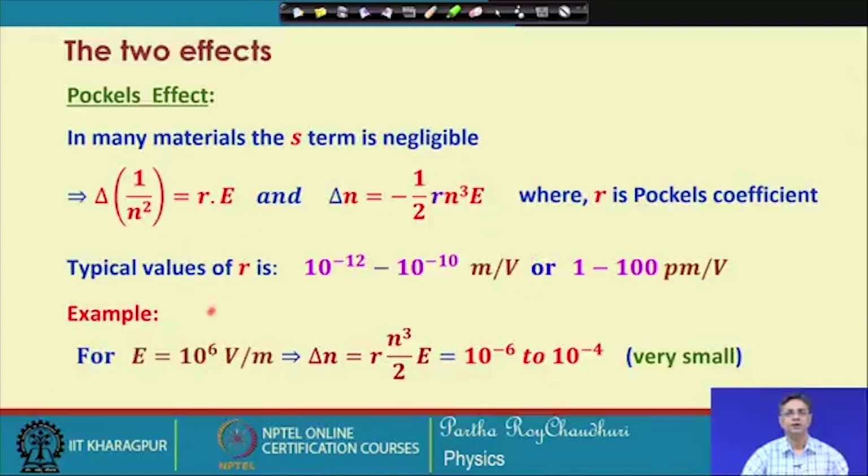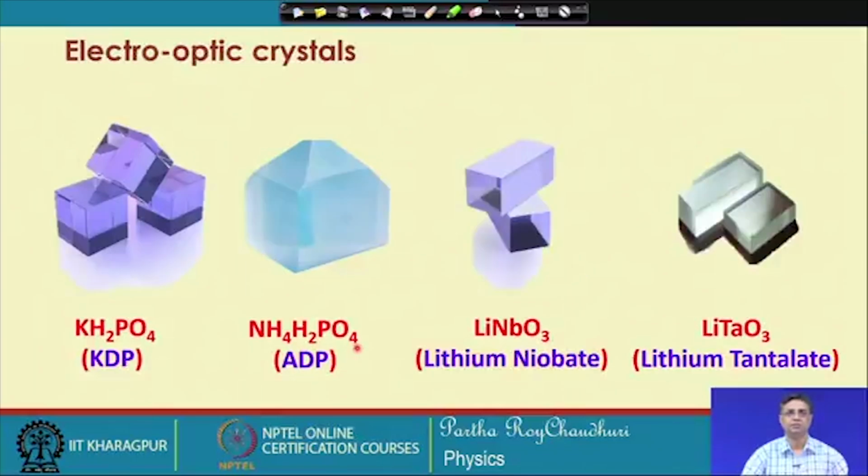For example, for an electric field of the order of 10 power 6 volt per meter, the change in the refractive index is only 10 power minus 6 to 10 power minus 4, which is very small, but the phase change associated with this may be very large and appreciable. We will see that example in future.